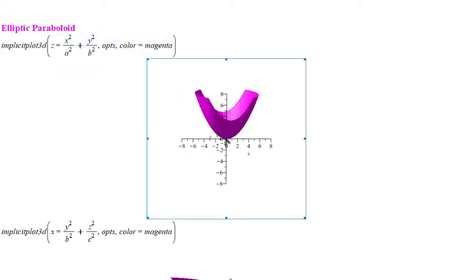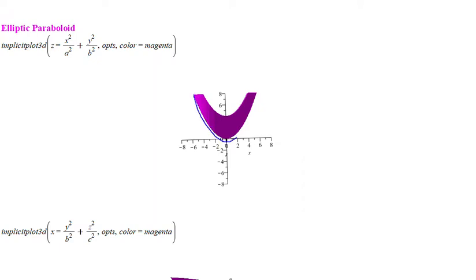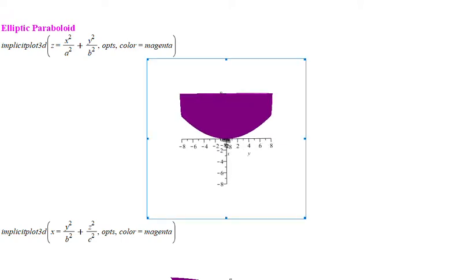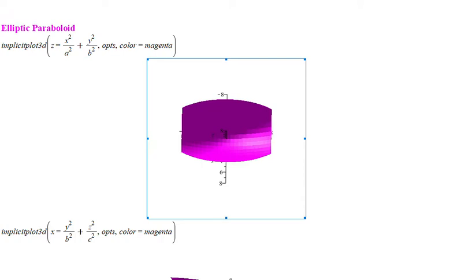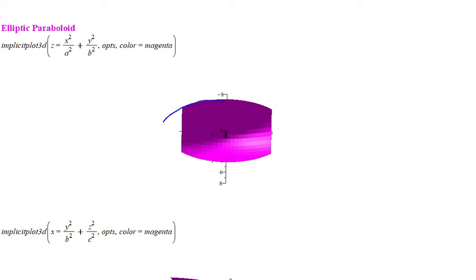However, again, looking at the image in the xy plane, here's our image looking down the z-axis at the xy. And sure enough, here are the hyperbolas in that direction.